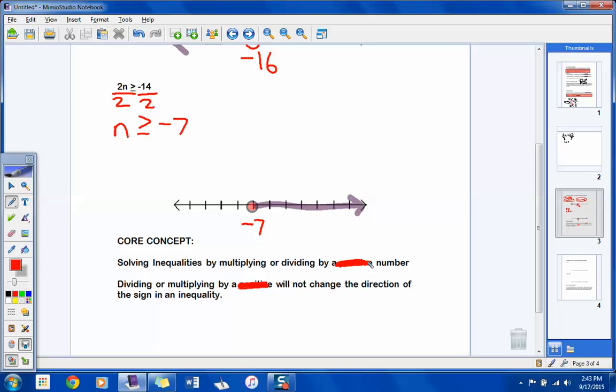I forgot to change that when I typed that up quickly today. So change that to a negative number. Okay, so we want to look at the effects of what happens when you have to solve an inequality by multiplying or dividing by a negative number. All right, so let's explore what happens here.